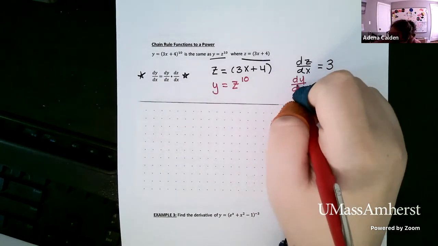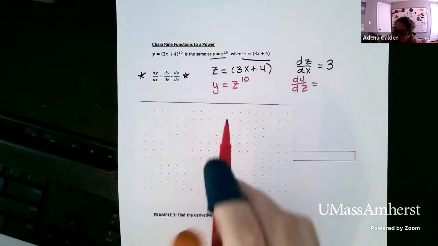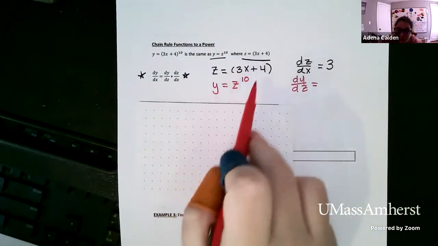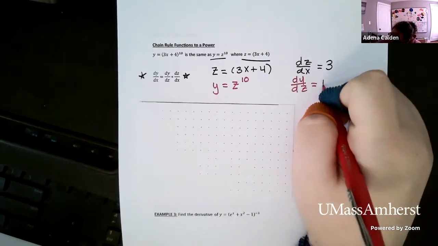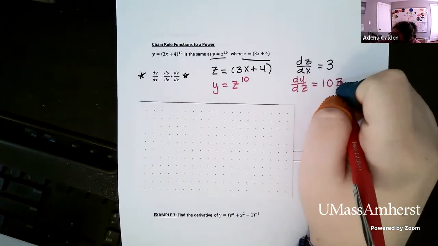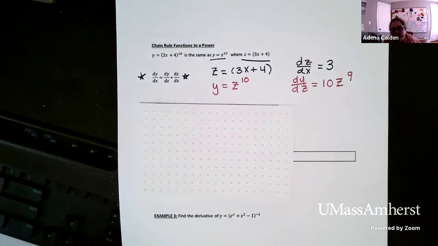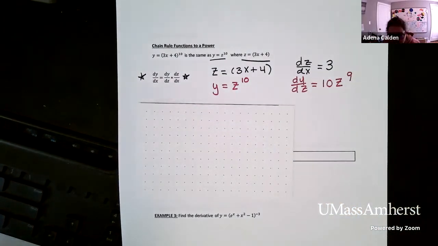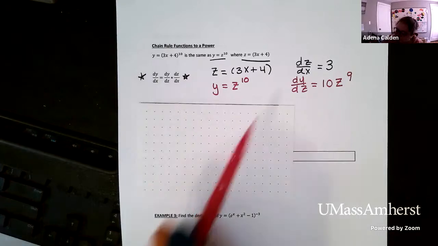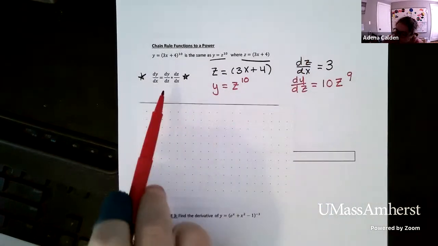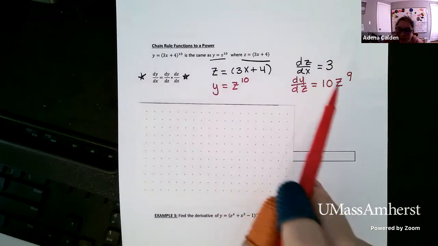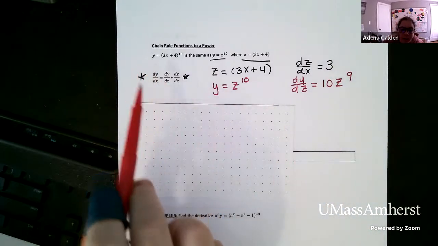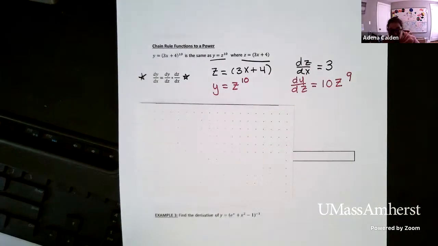We can use our basic rule and treat z as our variable, which means the 10 comes down and we subtract 1 from the power. So we get 10z to the 9th. Now we have dz/dx and dy/dz. If we multiply these two things together, we get dy/dx, which is the derivative that we want.